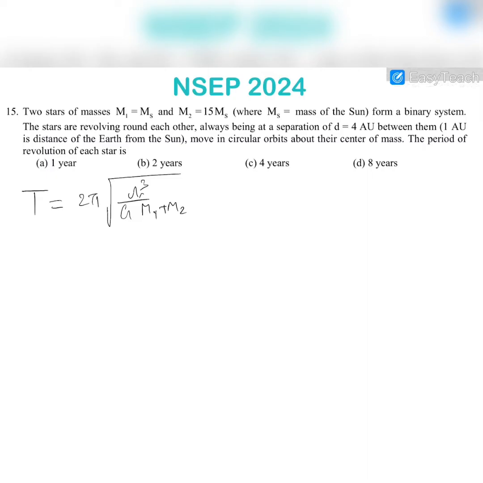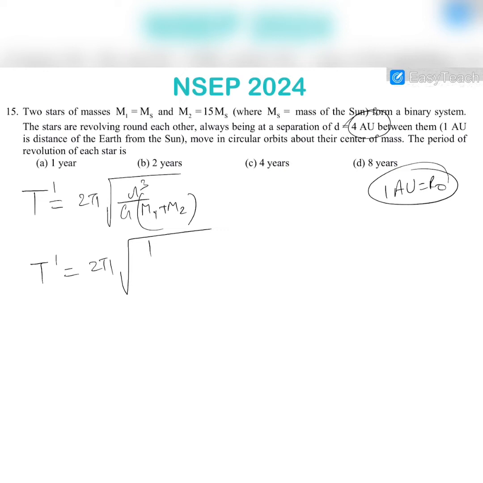Let us suppose this is T dash, which is 2 pi under root of d cube, and d cube will be, supposing that 1 AU is r naught, 4 to the power 3, which is 64 r naught cube, divided by G times m1 plus m2, which is equal to 16 Ms.